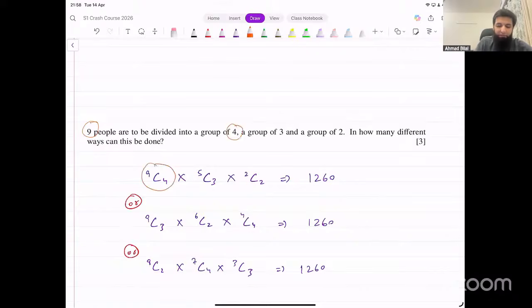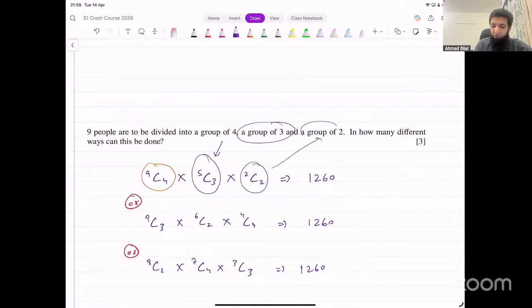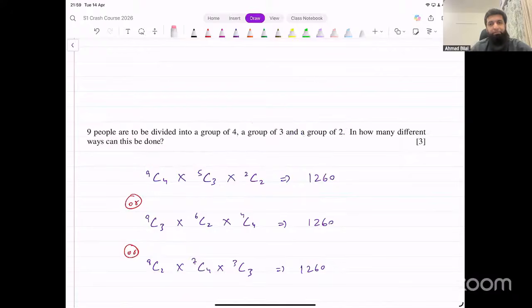How many people are we left with then? Once 4 people are already selected, we're left with 5 people. So we do 5C3 for the next group of 3. Once we have selected that as well, we're left with 2 people. From those 2 people, select 2 for this last group, and that gives you 1260. And that's how you can make groups.